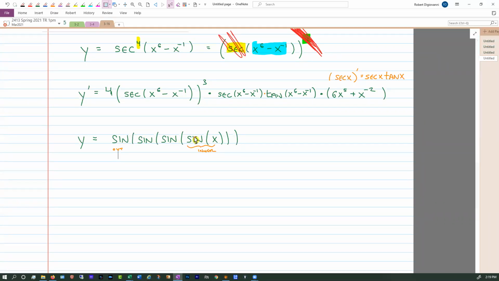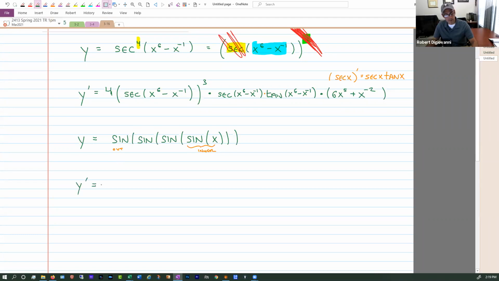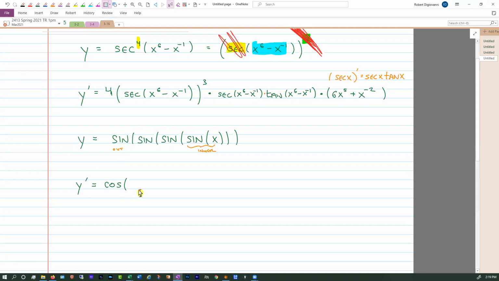Okay, whenever we use the chain rule, we always start with the outermost layer, and we start by taking its derivative. So Claire, what's the derivative of this? Cosine. Now what's going to go inside of that cosine? Would it be x, or would it be sine?